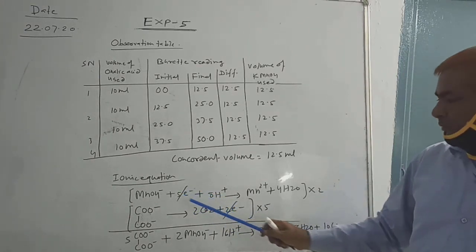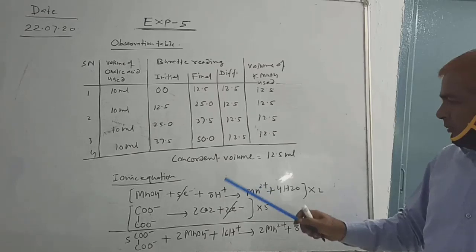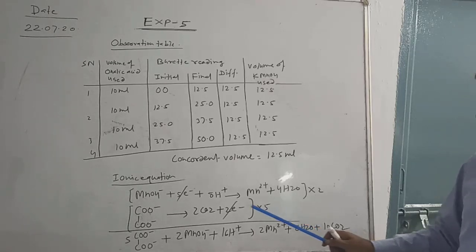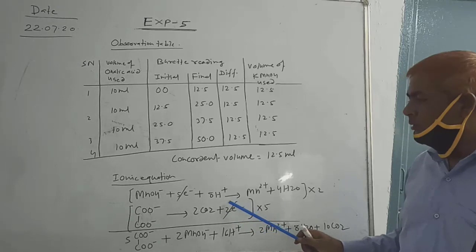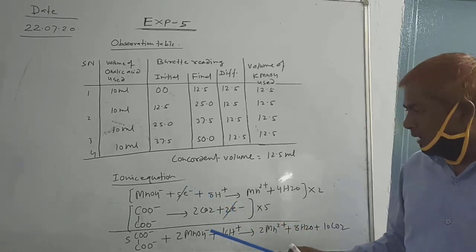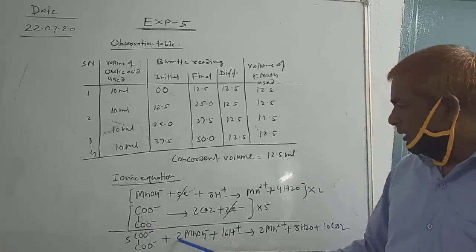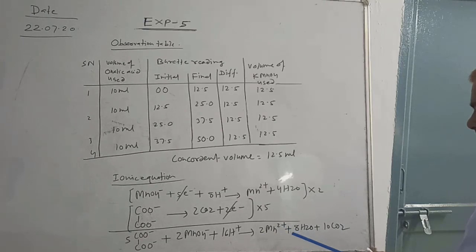The number of electrons here is 5 and here is 2, so the electrons may be equalized by multiplying equation 1 by 2 and equation 2 by 5, so that 10 electrons and 10 electrons cancel out, and the overall reaction becomes 5 C2O4 2 minus plus 2 MnO4 minus plus 16 H plus to form 2 Mn2 plus plus 8 H2O plus 10 CO2.